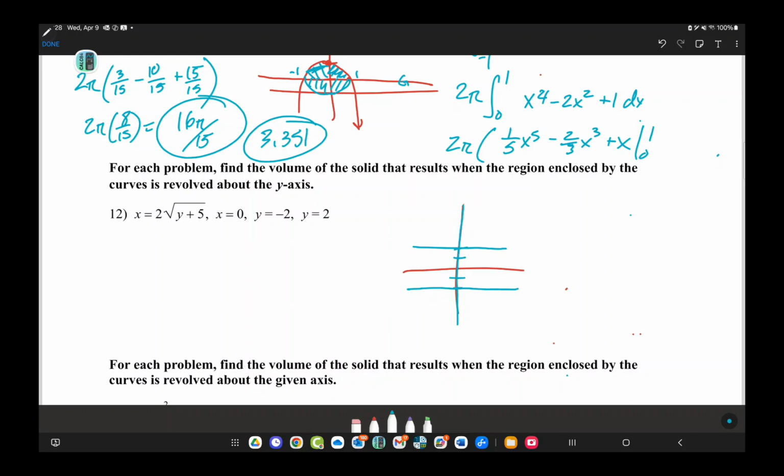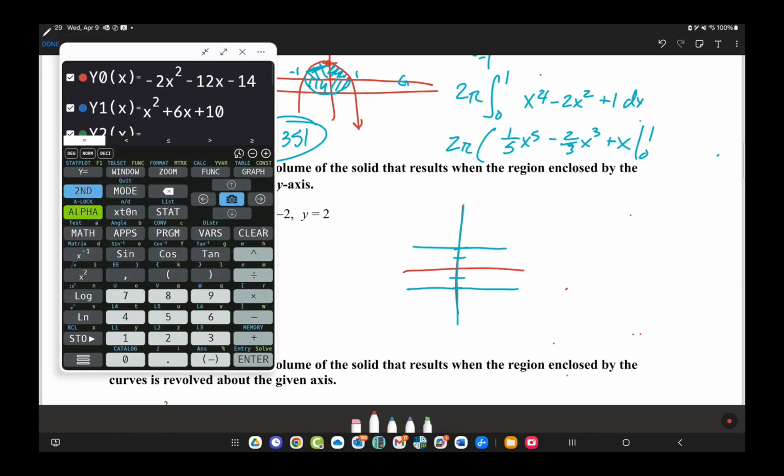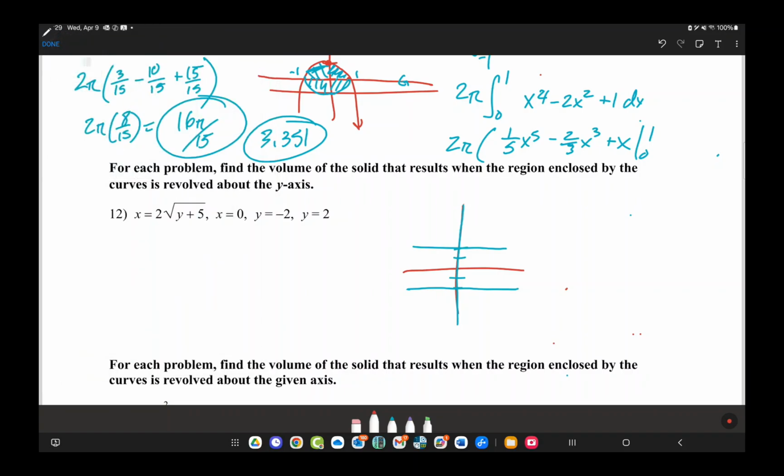Now, what is 2y plus 5 at 0? I don't know what the graph of that looks like. Let me see. I don't know if I'm going to get a good graph because it's not in terms of y.